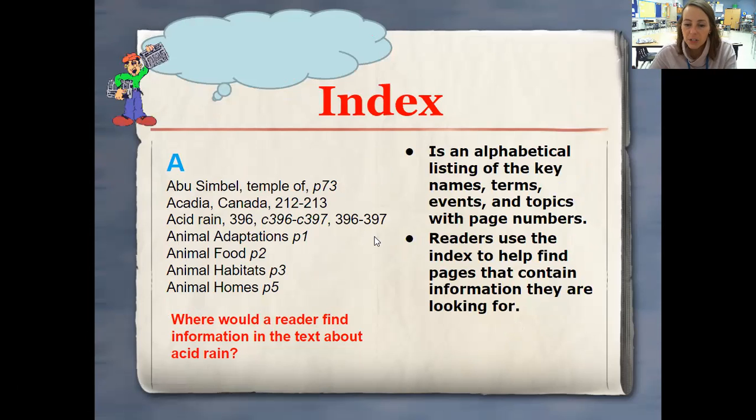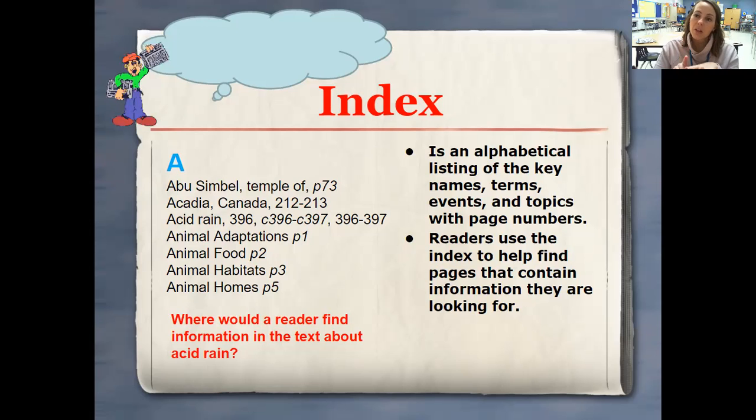Okay, the second text feature we're going to go over today is called an index. An index is kind of like a table of contents, okay, but it's a lot more specific. So it's an alphabetical listing, so it's in ABC order, and it lists every name, term, event, topic in that book with the page number that it can be found on, okay?